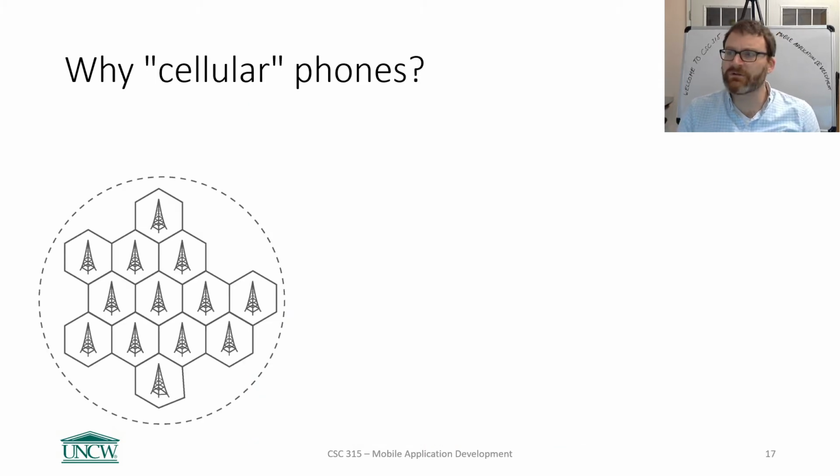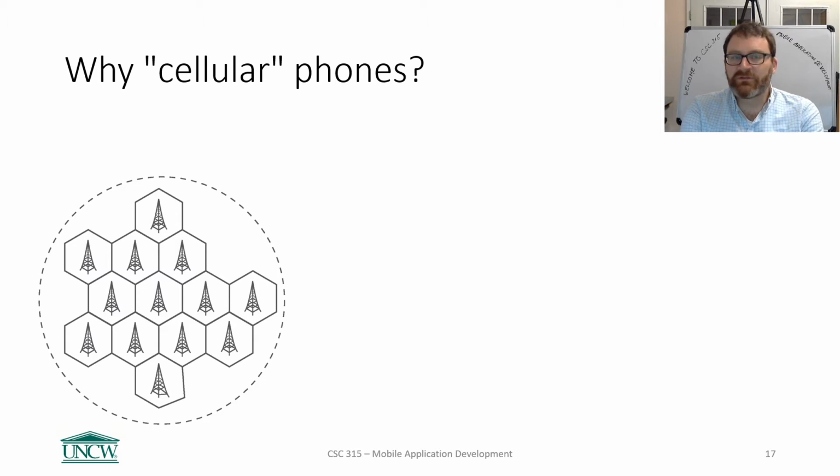Now, why in the world are they called cellular phones? Well, the way we used to think about cell phone coverage was you had these really ugly towers sticking up here and there, and each one of them comprised a cell of coverage that resembled a honeycomb.